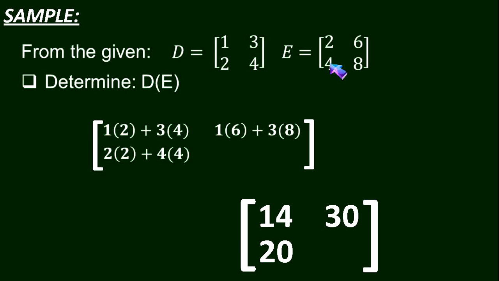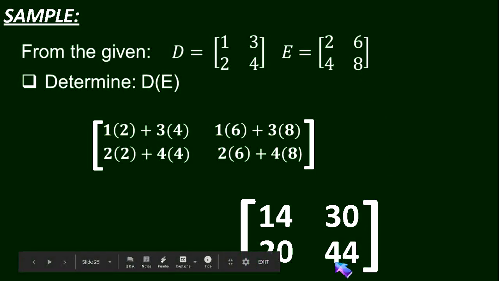And yung magiging entry naman natin sa ating second row of the second column, we have to multiply the second row of the first matrix sa ating second column ng second matrix. So, we have 2 times 6 plus 4 times 8. Yung magiging sagot natin is 44.